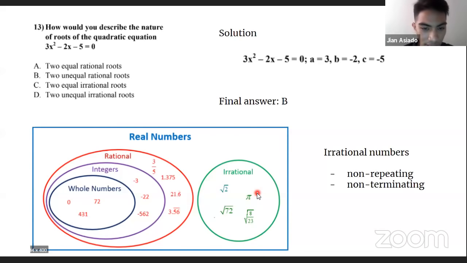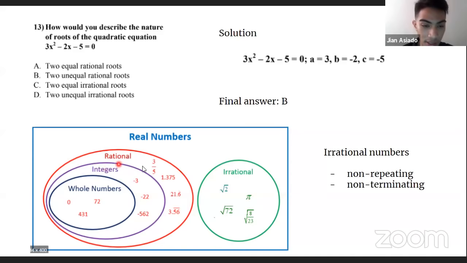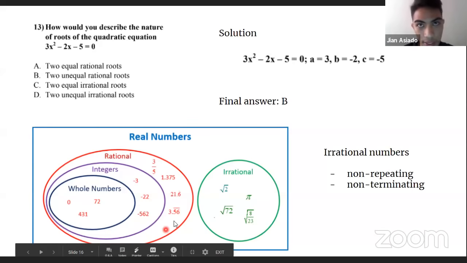Now, ito naman na rational, it can be expressed in ratios. That's why it's called rational. For example, something like 1/3, yung 1/3 ay in decimal form, it's repeating siya. And 1/6, for example.